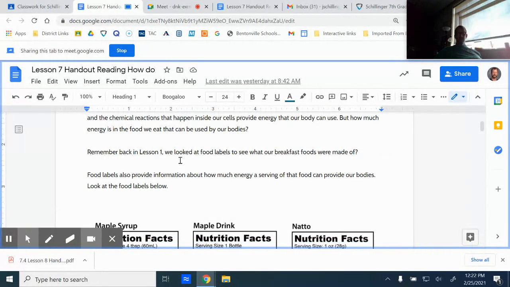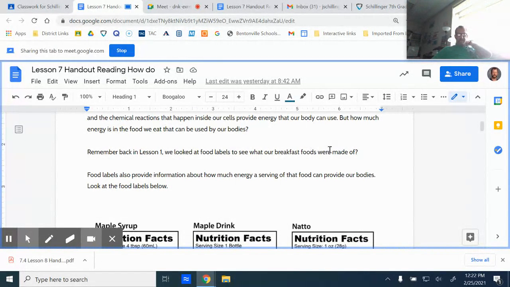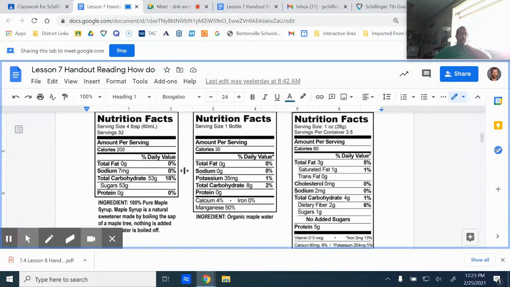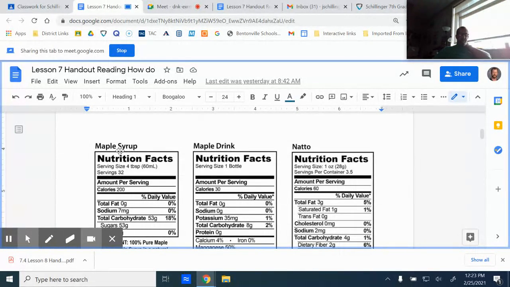Okay, so remember we looked way back when at the foods that we ate for breakfast, and then you were supposed to look at a bunch of food labels, and they gave us things like calories, carbohydrates, proteins, and fats. So we look at these, and there's 3 different things here: maple syrup, maple drink, which is maple water, and natto, which somebody told me is like a rice.